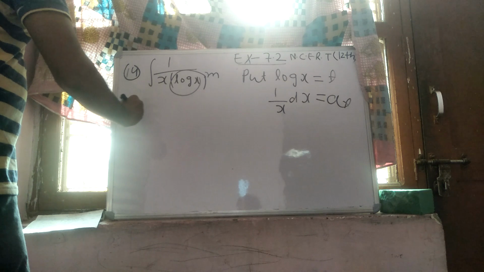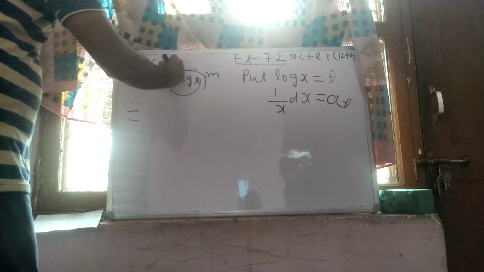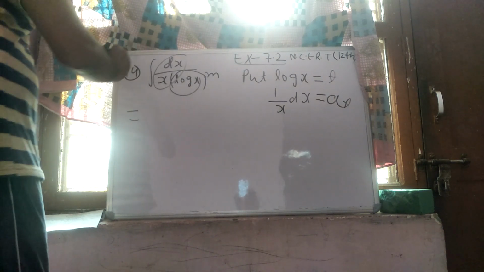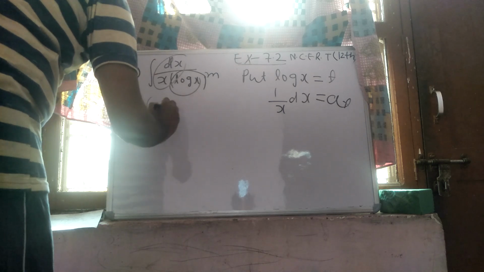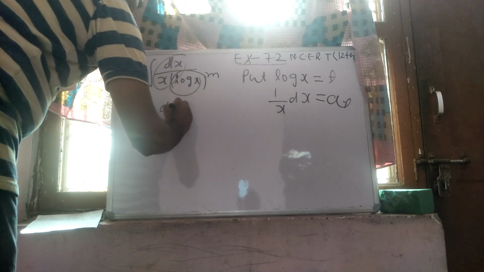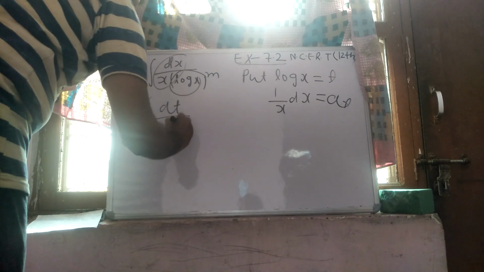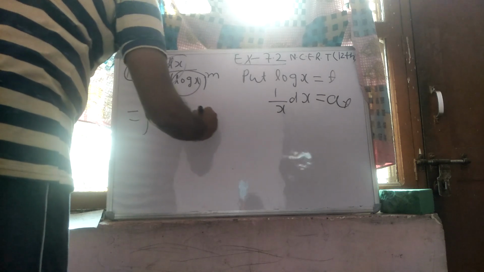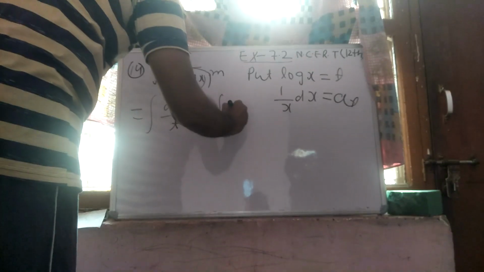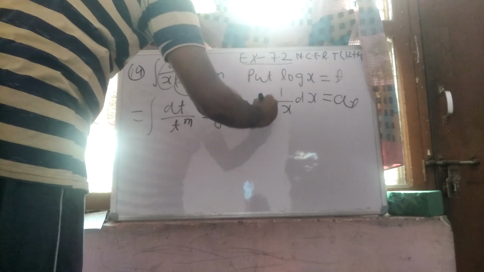We put dx upon x, where this is dx and this is x, and the value is dt. So in simple form we have dt, and t to the power m in the denominator, so we have t to the power minus m into dt.